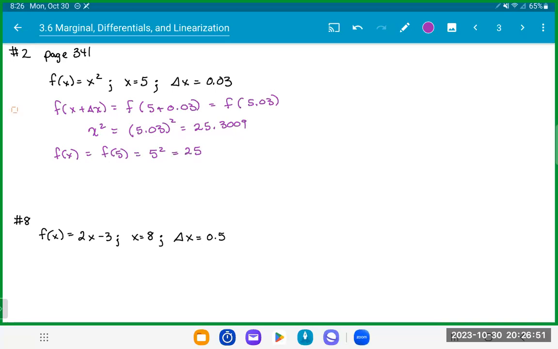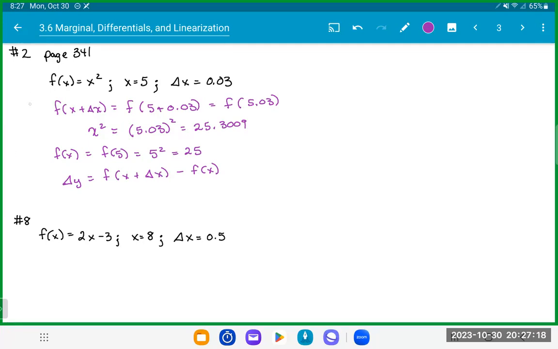Now, when I want to determine my change in y, my change in y is my f of x plus delta x minus my f of x, right? So no different than if we were just doing the slope of a line or something, okay?